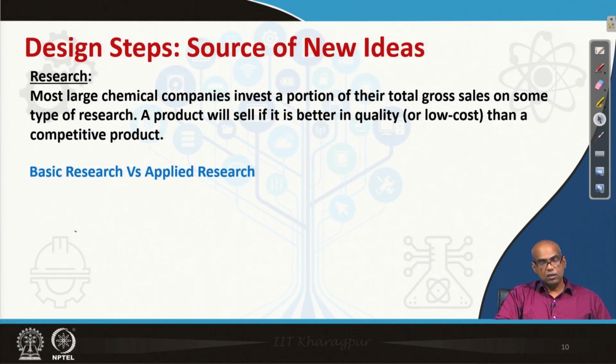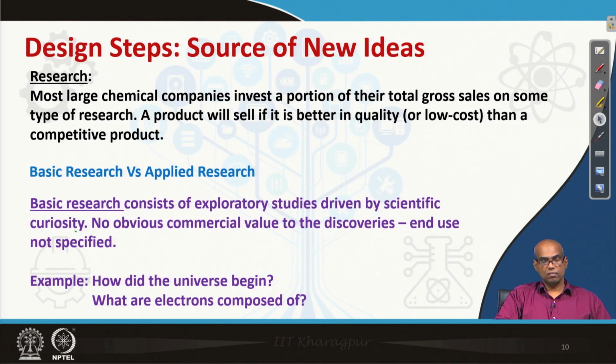Research may be broadly classified into two categories: basic research and applied research. Basic research consists of exploratory studies driven by scientific curiosity. No obvious commercial value to the discoveries is immediately specified. End use of such research is not specified.